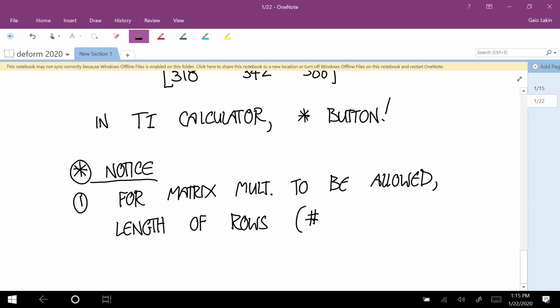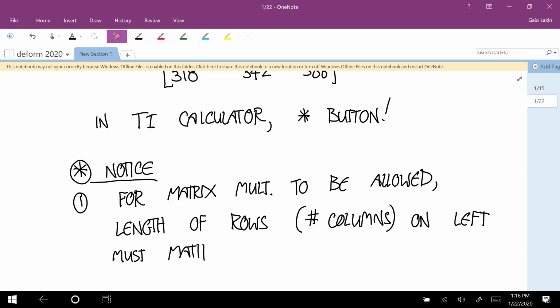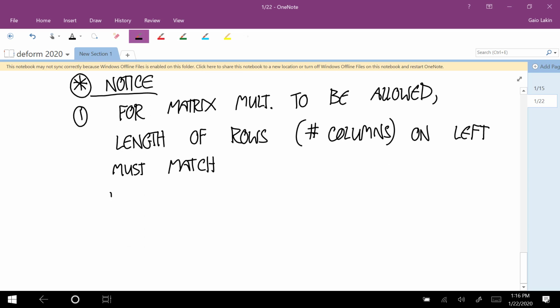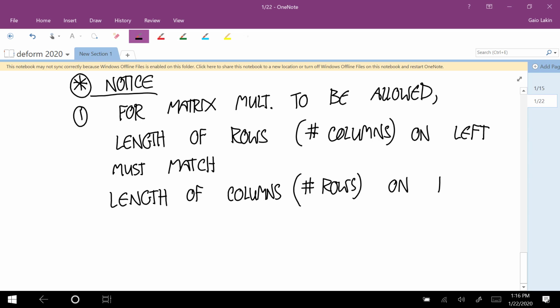That can get a little confusing, but the length of the rows on the left must match the length of columns on the right. And the length of columns is the same thing as saying the number of rows on the right.